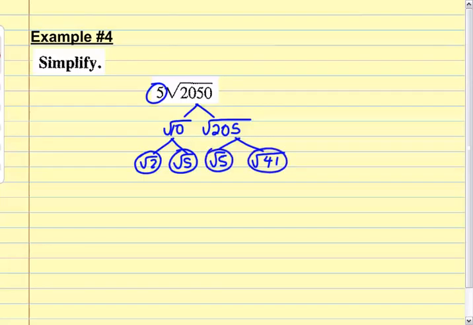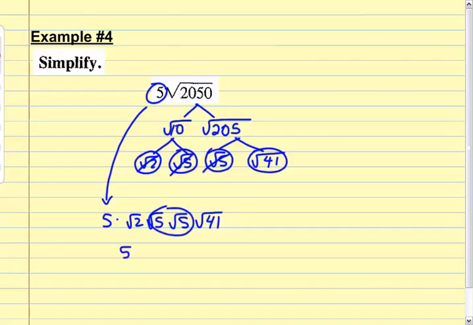So now I've got 5, right, times root 2 times root 5 times root 5 times root 41. Okay? There's a pair, so now it's 5 times 5 times root 2 times root 41.